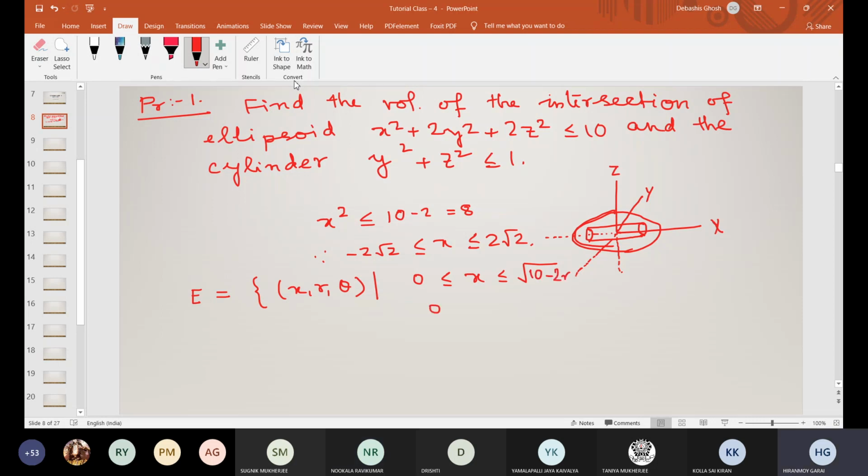R ranges from 0 to 1, and theta ranges from 0 to 2 pi.